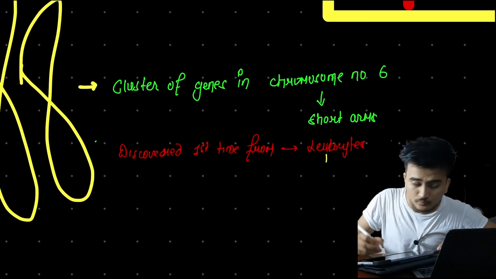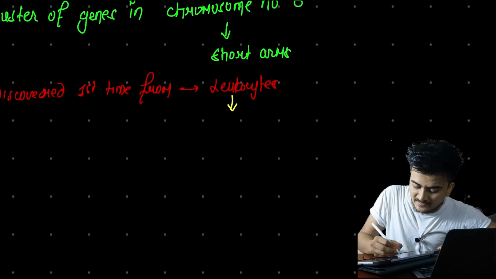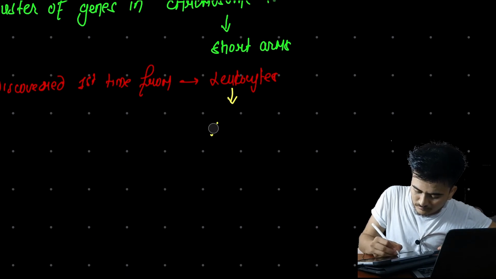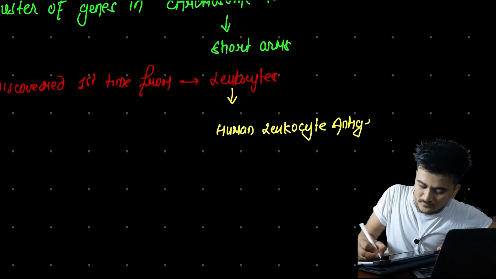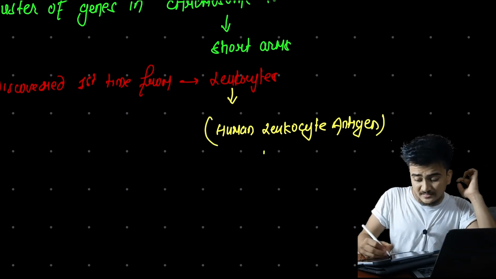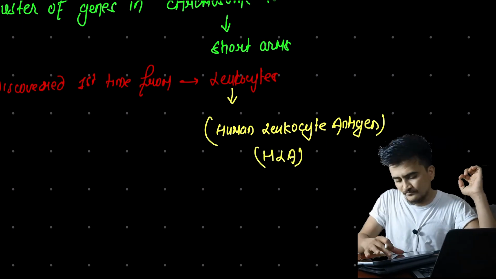So these are called what? Human leukocyte antigen, right? Or we can say HLA also.